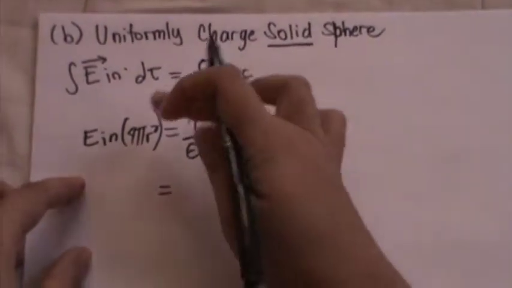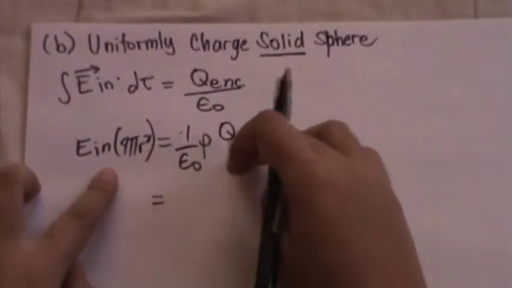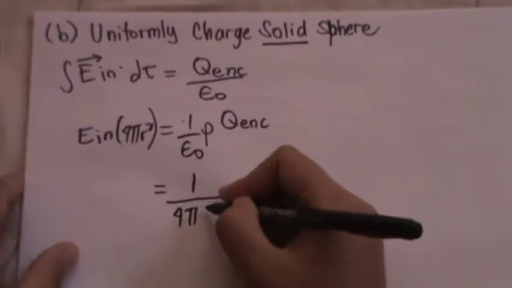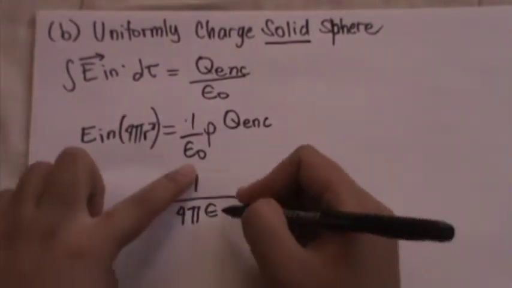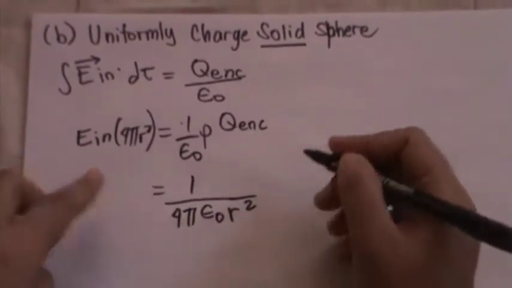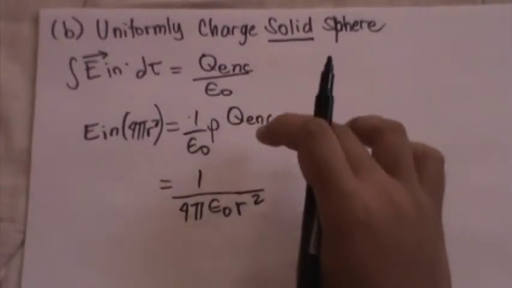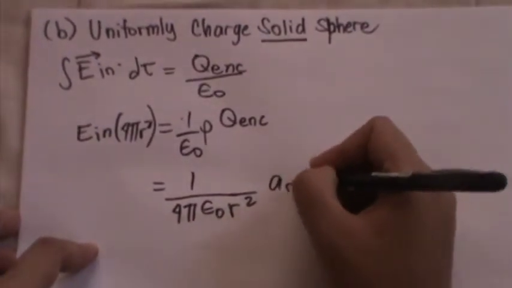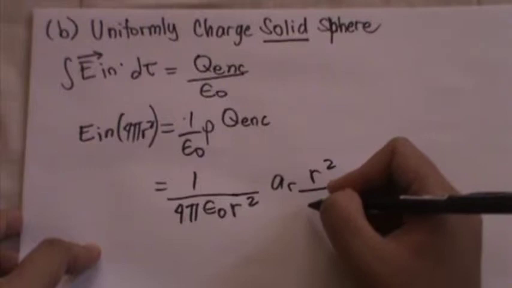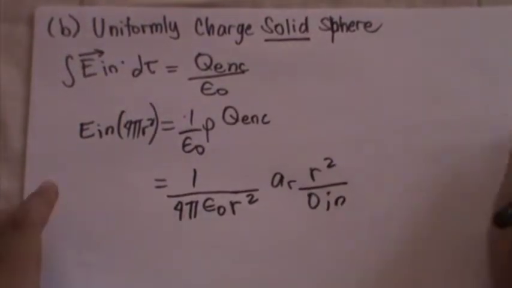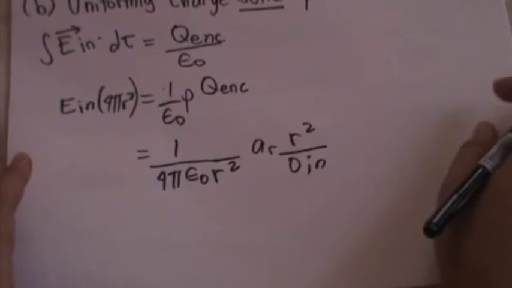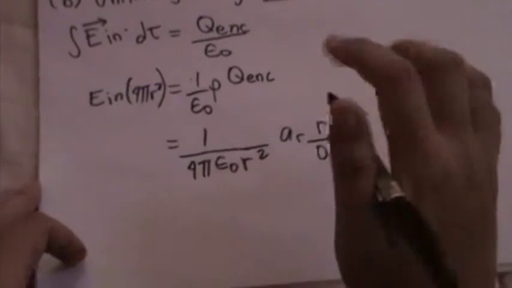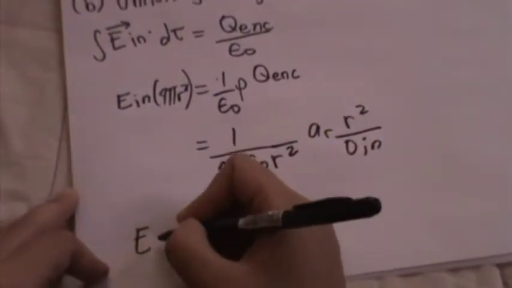You just cross multiply the 4 pi r squared here. We'll have a 1 over 4 pi epsilon naught r squared. This rho Q enclosed value can be substituted, and we'll have this equation, and finally we'll arrive at this one.